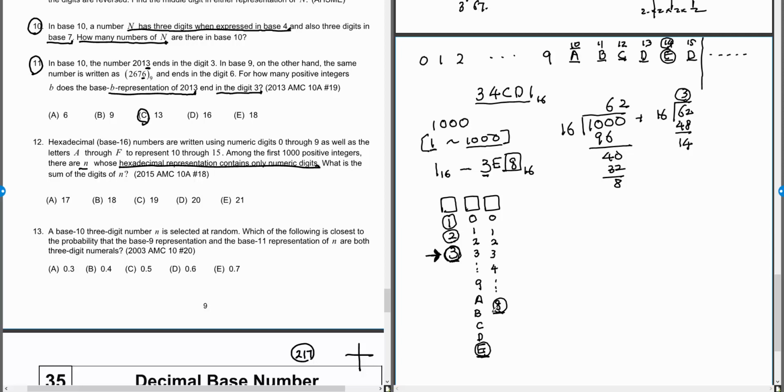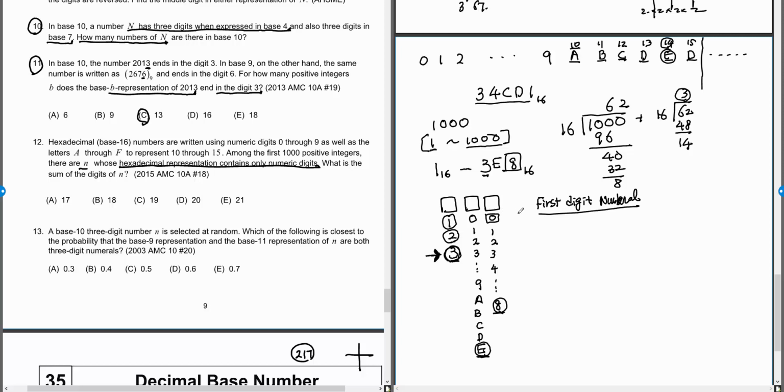All right, now let's find out. For this 3-digit number, the first digit should be a numeric number. 0 is not included.